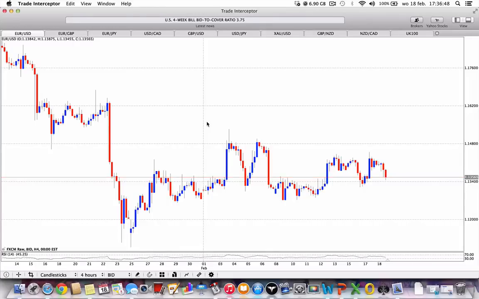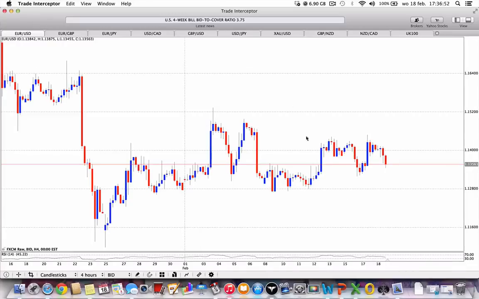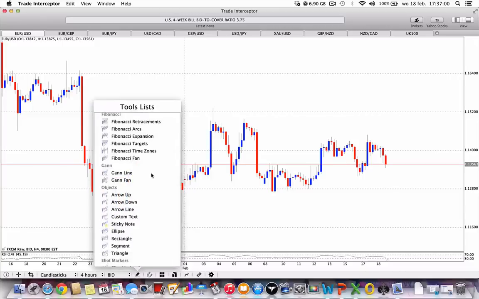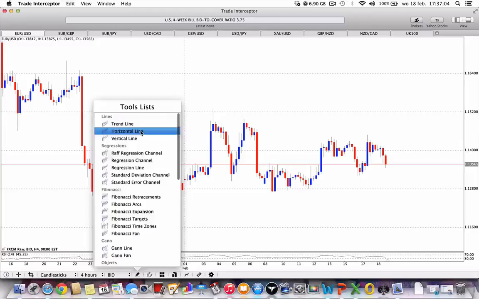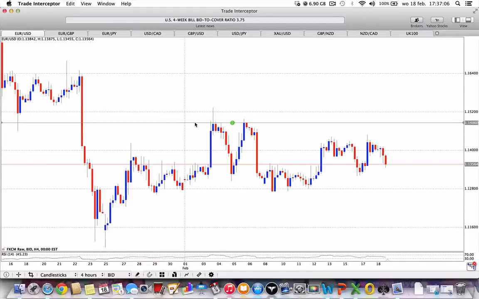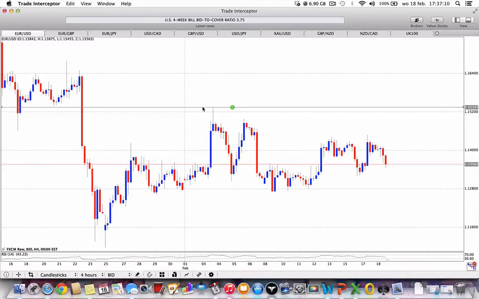And this is really important because I'm just going to take a look at this part of the chart, because here we can see that this level was resistance. But if you say that resistance or support is a line, a fixed price, where would your resistance line be? Would it be here, here, or maybe here?